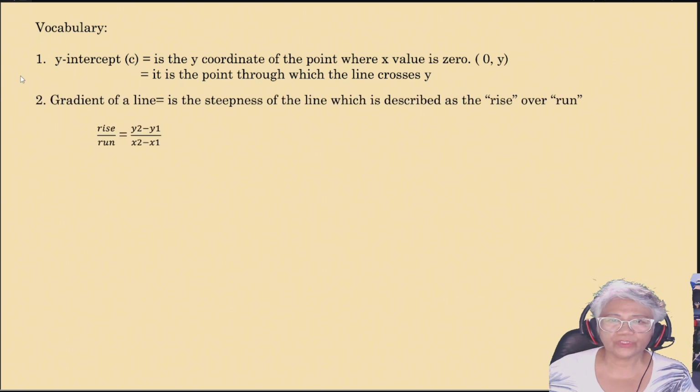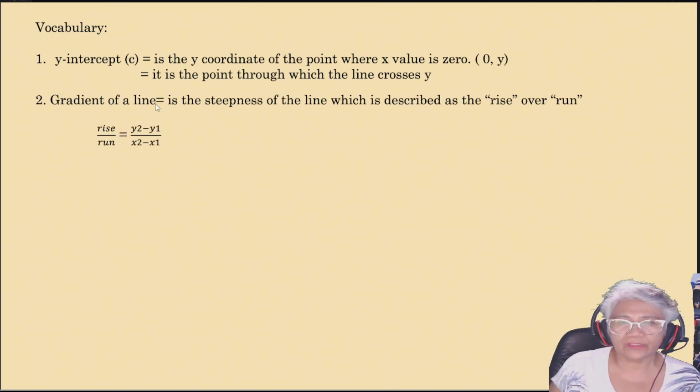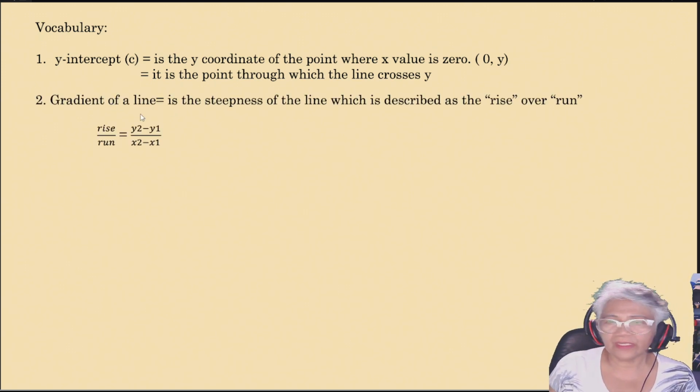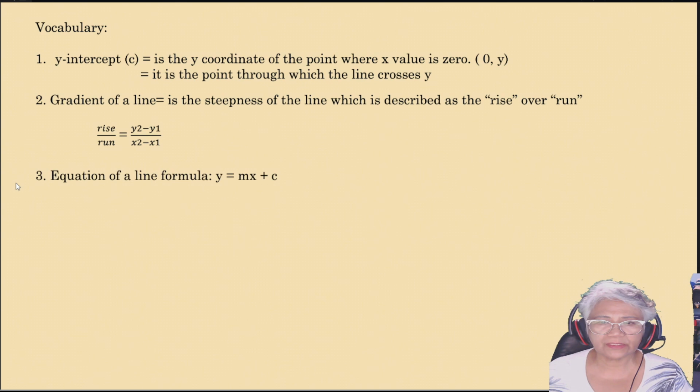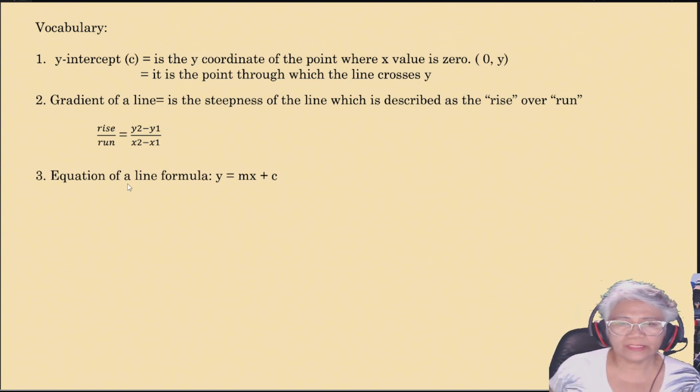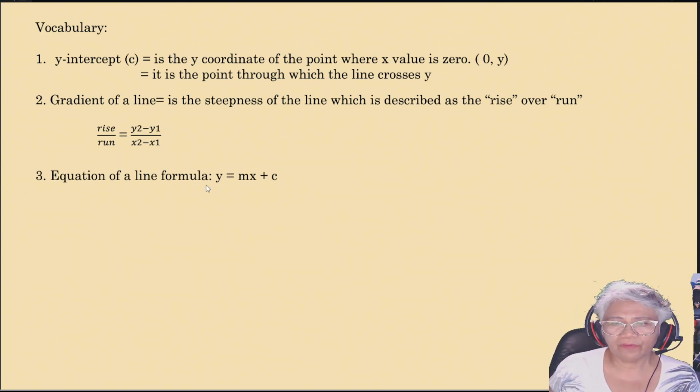Secondly, we need to look for the gradient of a line. The gradient is the steepness of the line, which is described as the rise over run. Okay, so rise over run, or y sub 2 minus y sub 1, over x sub 2 minus x sub 1. Okay, so next is the equation of a line formula.